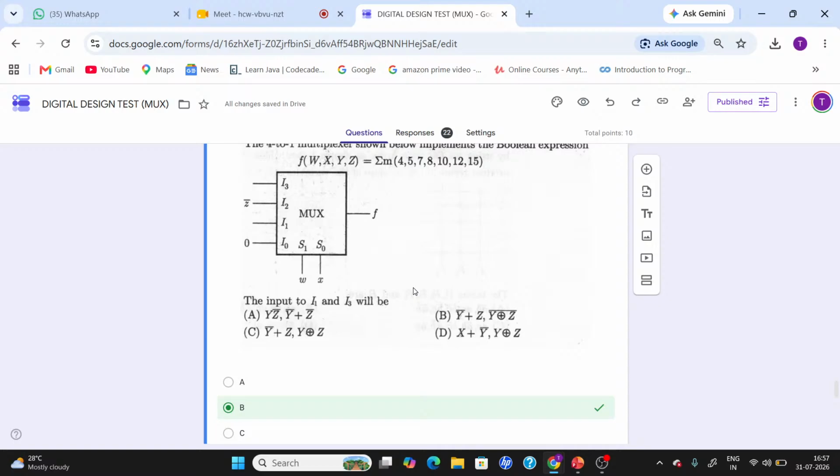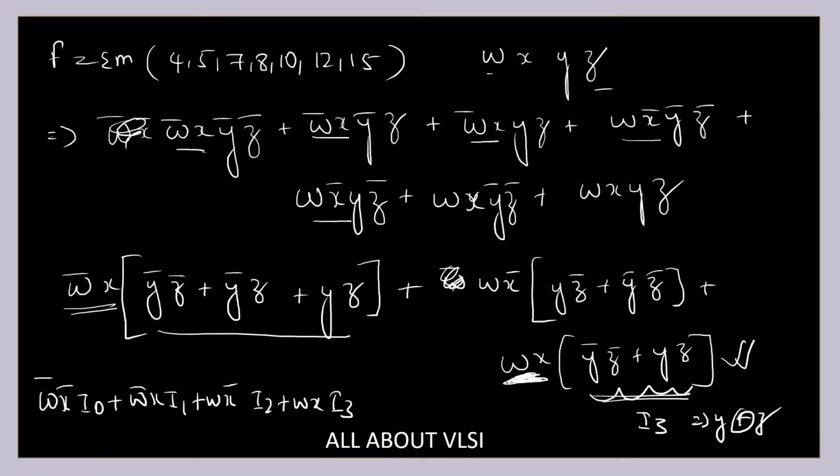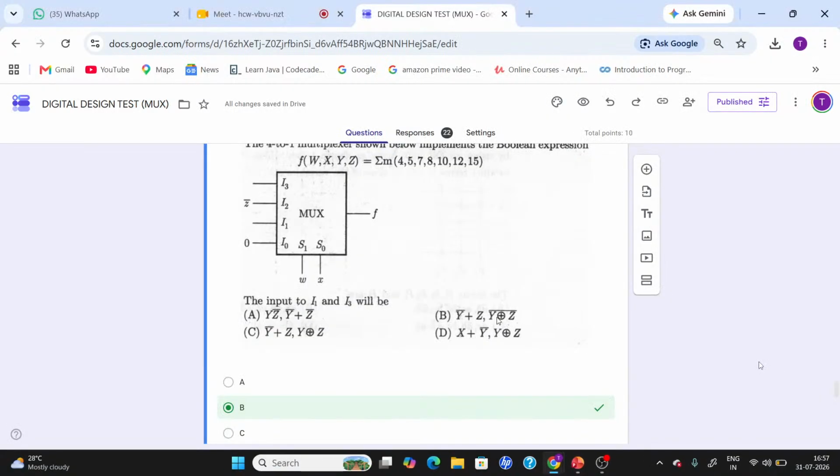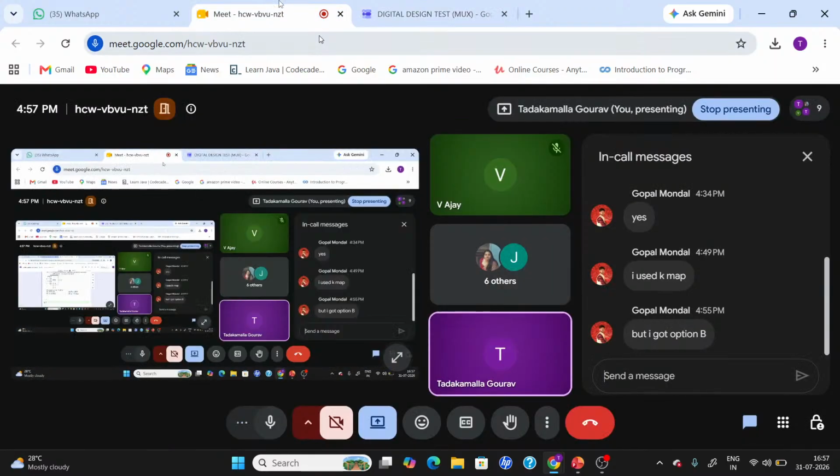In option B we have Y bar plus Z, and we need to check for this one. Sorry, it's Y X OR with Z. Yeah, it's option B only. Fine, you're correct.